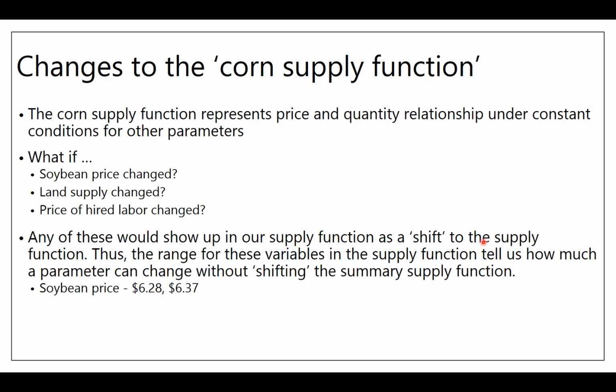Whatever you do, if you draw a supply function, that supply prediction is an all else constant picture. But we have a model here, and we have lots of levers we could play with. What if the soybean price changed, or the land supply changed, or the price of hired labor changed? Any of those changes generate potential adjustments to our supply schedule.